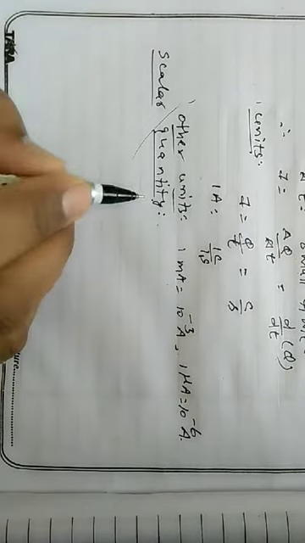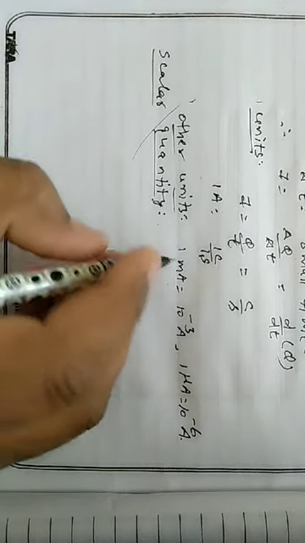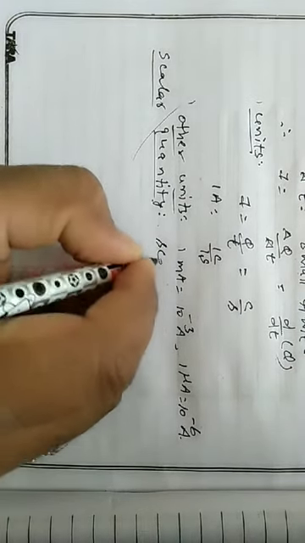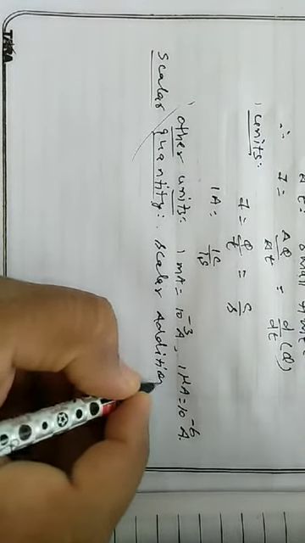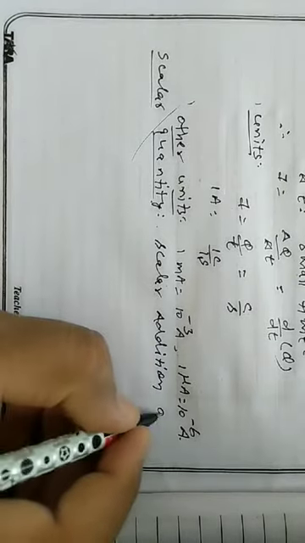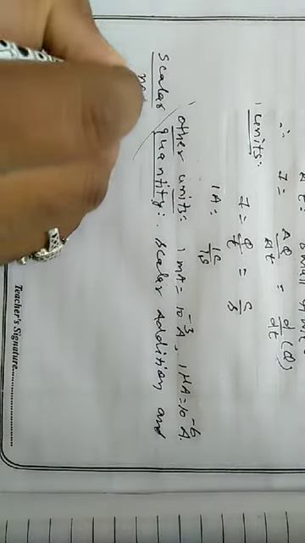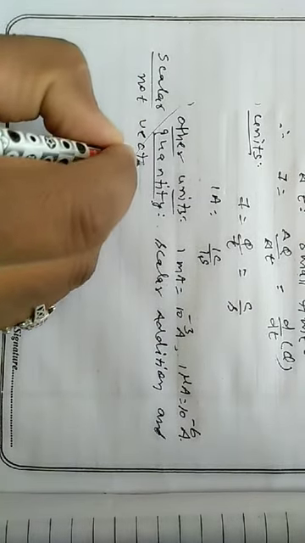Electric current is a scalar quantity because it follows scalar addition, and not vector addition.